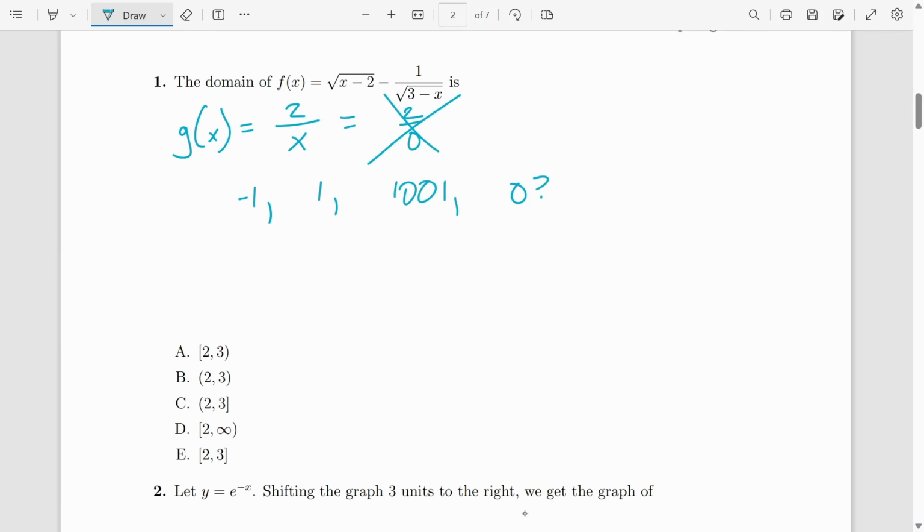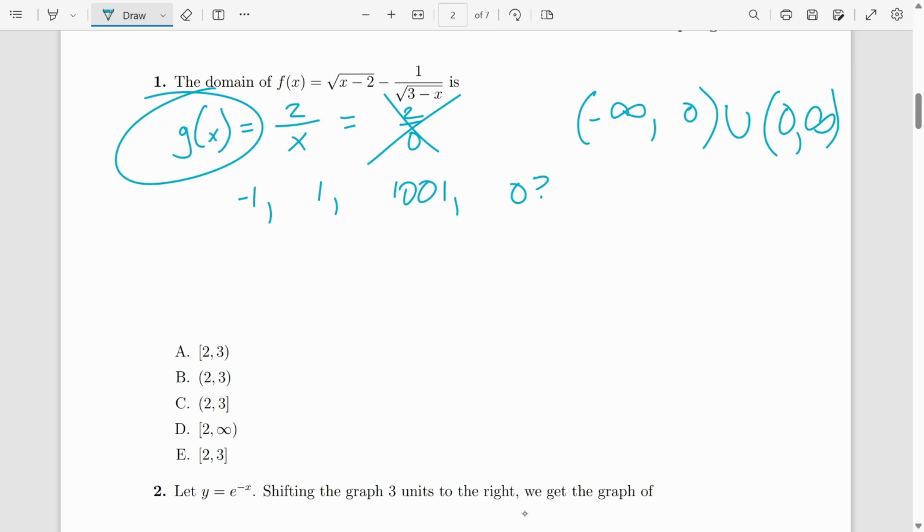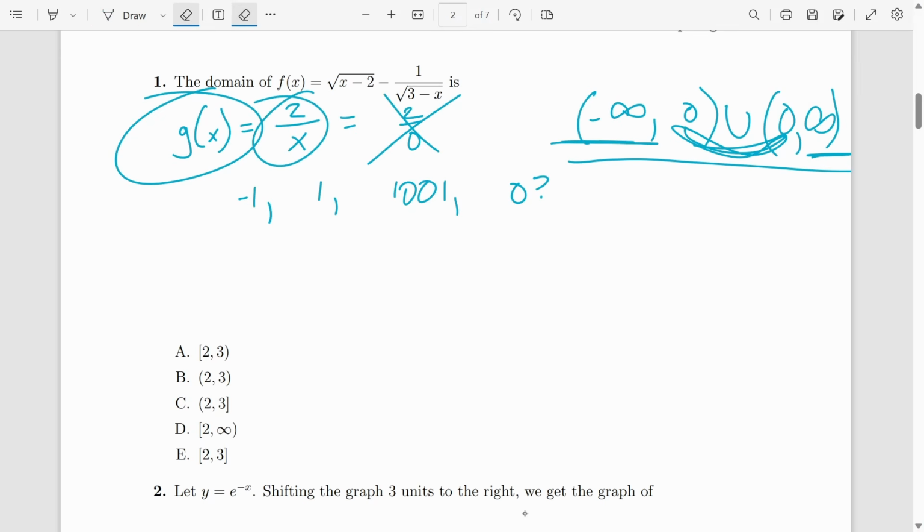So in this case, the domain of g of x goes all the way from -infinity to 0, skips over it, and then goes all the way to positive infinity. Basically, this notation just means include all the numbers, from -infinity to positive infinity, but just skip over 0. Because if you try to plug in 0 for x here, you'll divide by 0, and we can't have that happen.